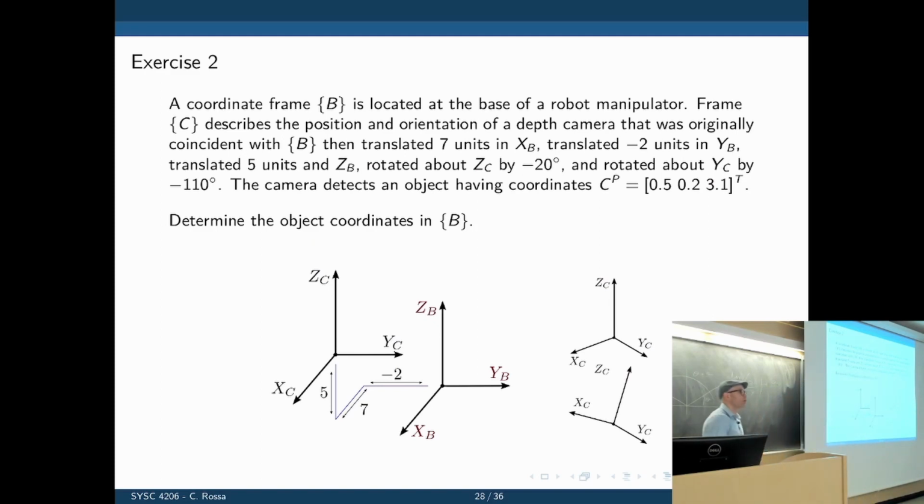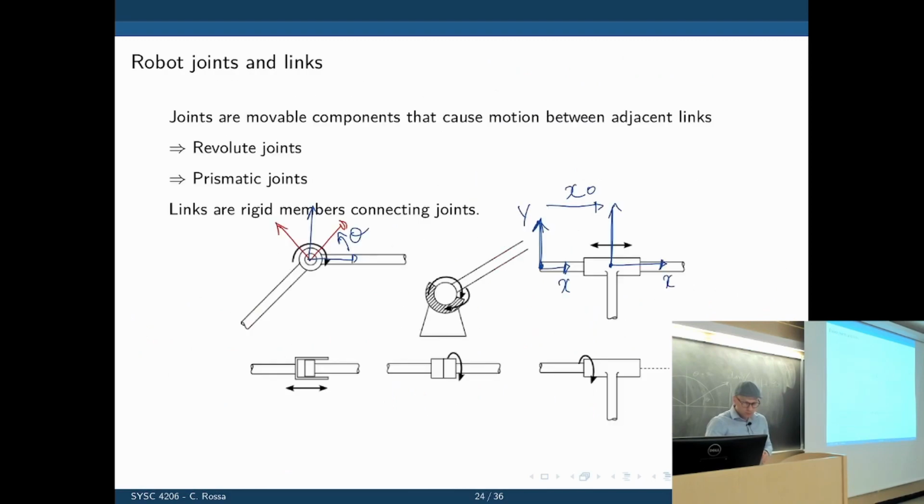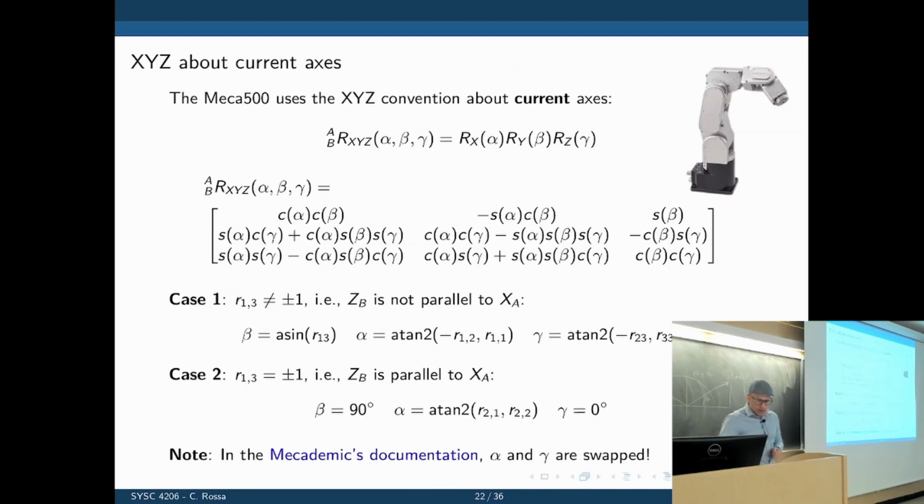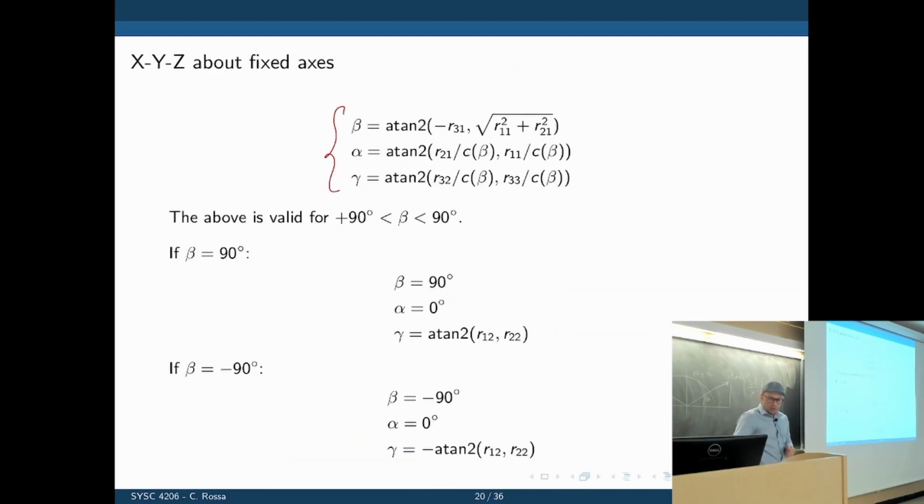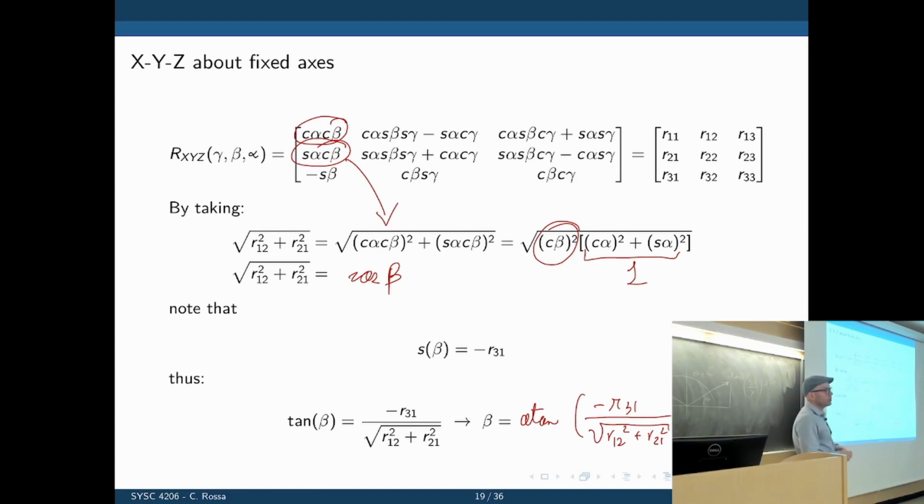What kind of Euler angle are we talking about? We're talking about Z, Y rotations with respect to a moving reference frame, because the rotations happen with respect to the camera frame, not with respect to the robot frame. Yeah? And they have an equation for that. That's our big equation. So far, our favorite equation, that's the rotation matrix there.